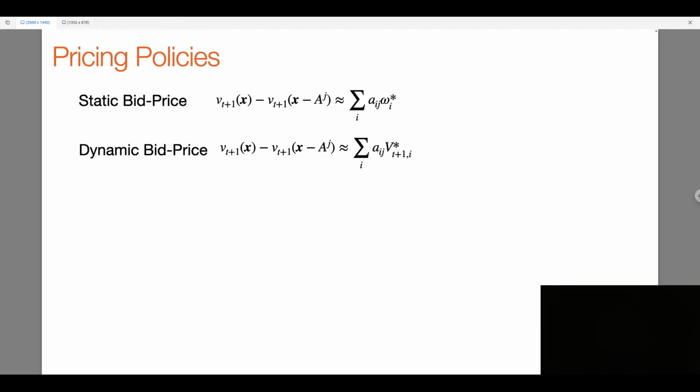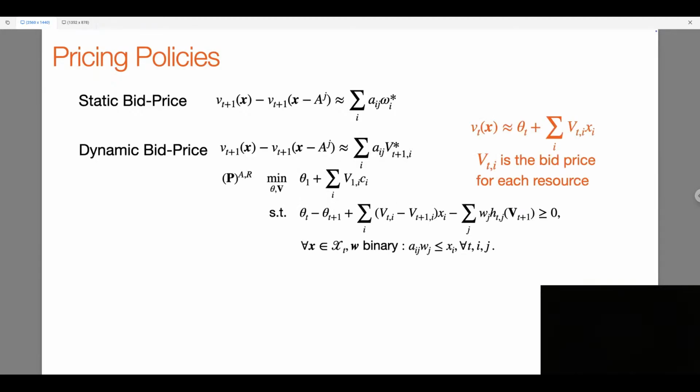We approximate the buy price with the summation of A_ij and V star t plus 1 i. Here, the V star is the optimal solution coming from the section we mentioned, the optimal solution theta and V, and we can take the PAR as an example.